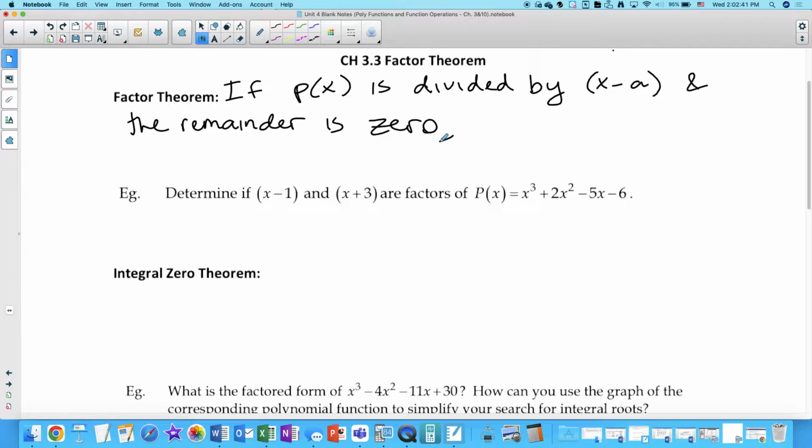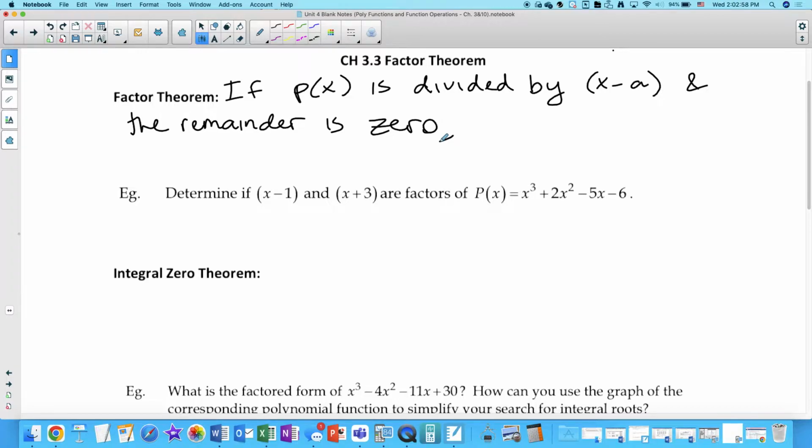I think I talked about this a little bit yesterday when I said, let's say we do 21 divided by 3. 21 divided by 3 is 7. There's no remainder. Yes, it means that it's a factor.